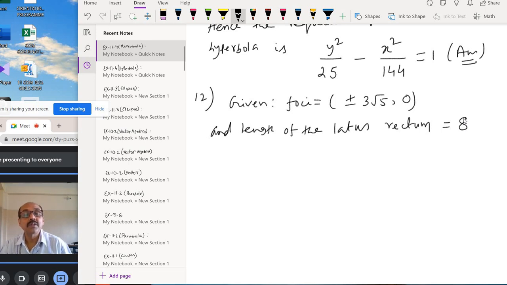So it is given focus (±3√5, 0), the y coordinate is 0, so the focus is on the x-axis, so it is type 1.